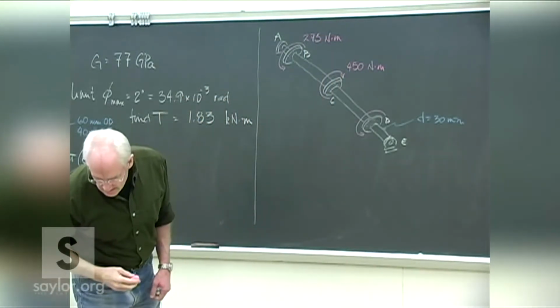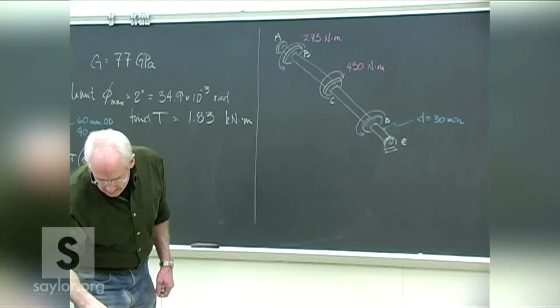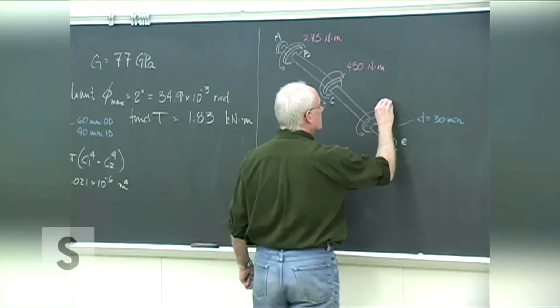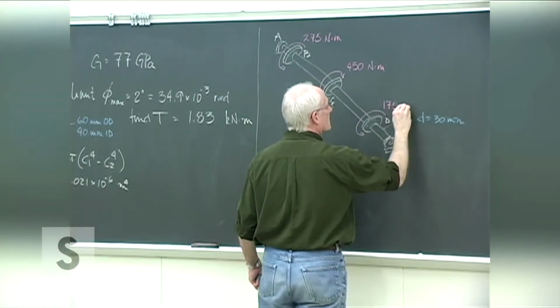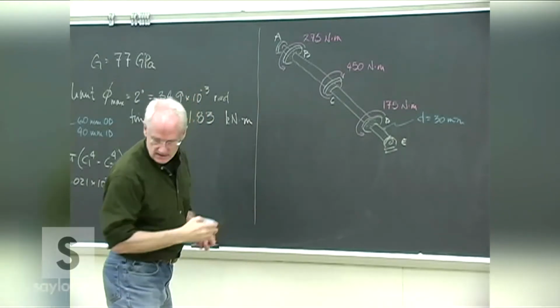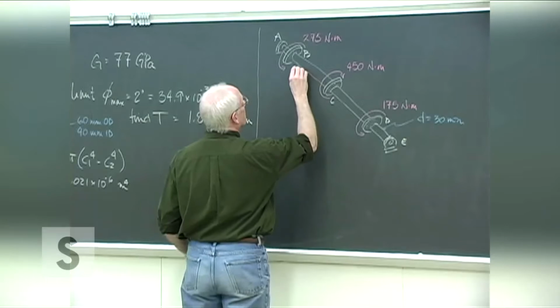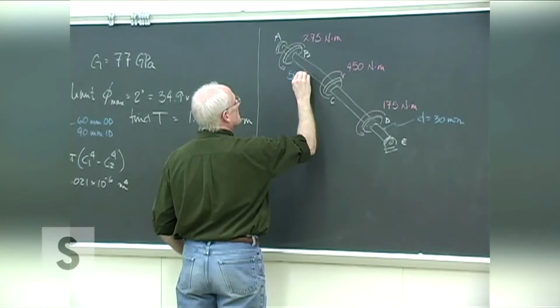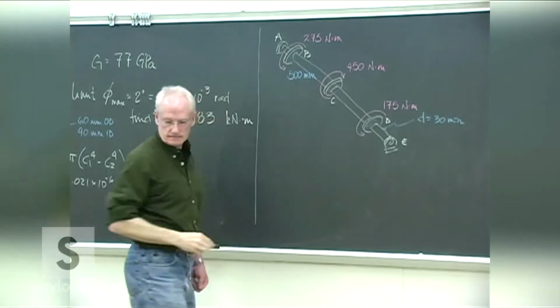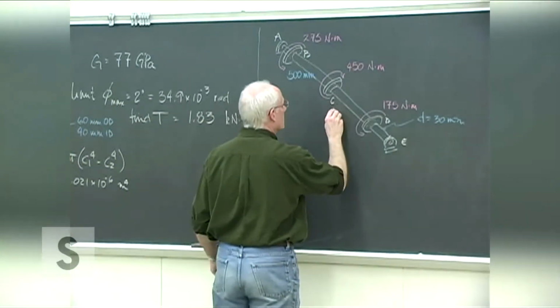And at C, 175. And the distances between these, B to C is 500 millimeters. And C to D is 400.